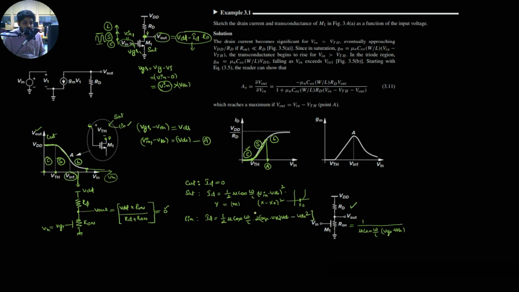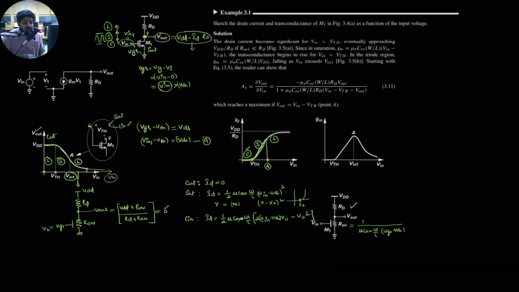This is the current equation. And here VDS is nothing but my V output, across which we are taking the output. So VDS I can write as V output, and VGS is nothing but my V input. So V input minus VTH into V output minus V output whole square.